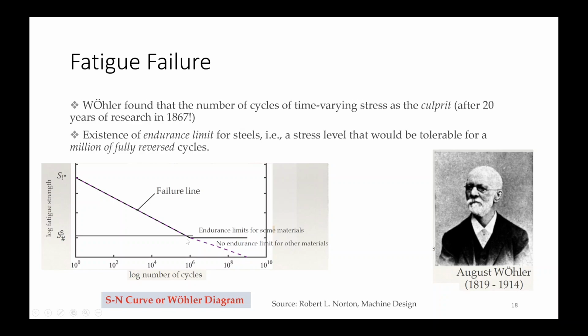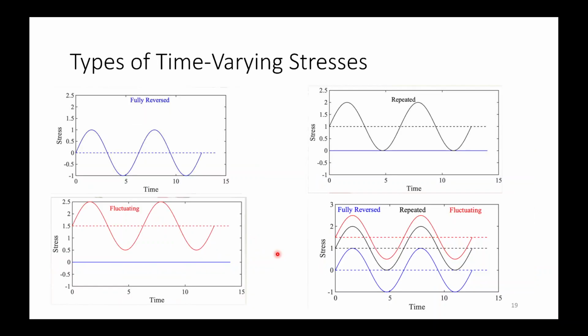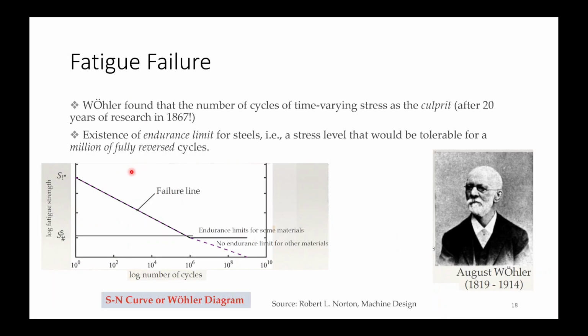Some materials will have this type of endurance limit, and some won't show this, and the curve will keep falling further. This type of graph, where we plot stress versus number of cycles to failure, is known as an S-N curve or Wöhler diagram.